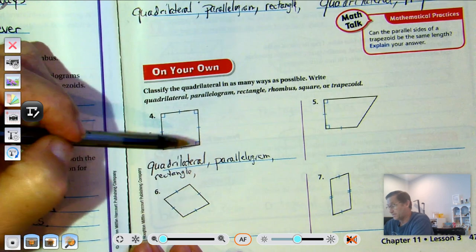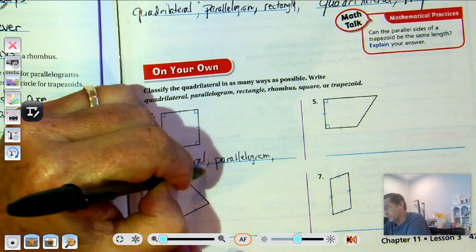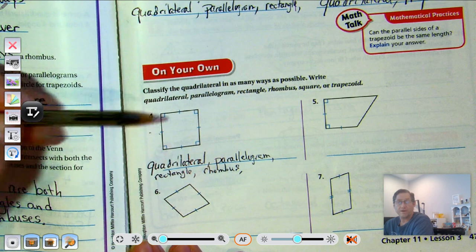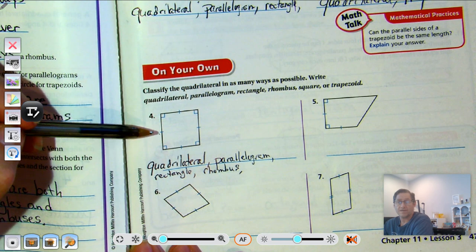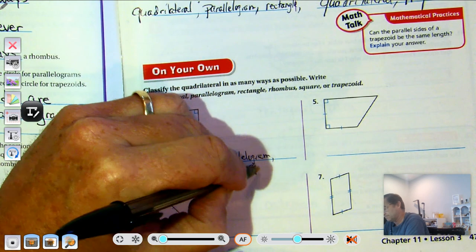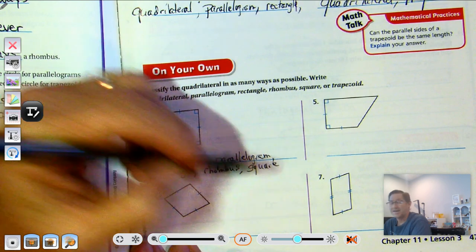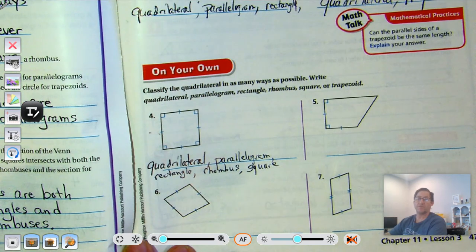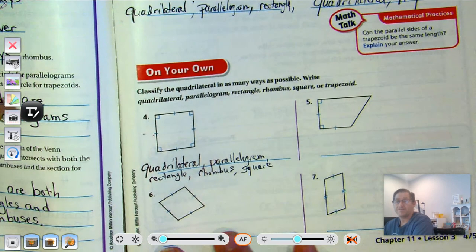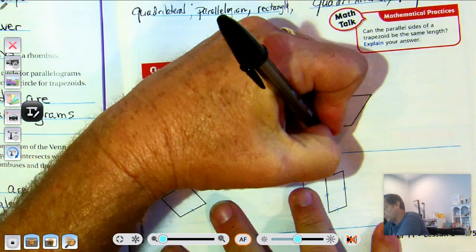It is a rhombus because it's showing me that all 4 sides are congruent. It's a square because all sides are equal and it has 4 right angles. It's not a trapezoid because trapezoids aren't parallelograms, and this is a parallelogram.